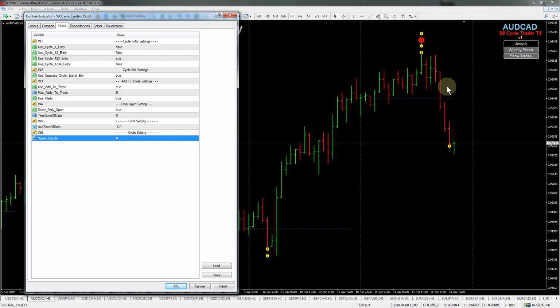Say your price action is over here and you want to wait 3 candles, you can go 1, 2, 3, put 3 in here, and it'll wait. It'll look back and see where the signal candle is. That's what we call the signal candle. So basically that is all there is to it. It's real simple.